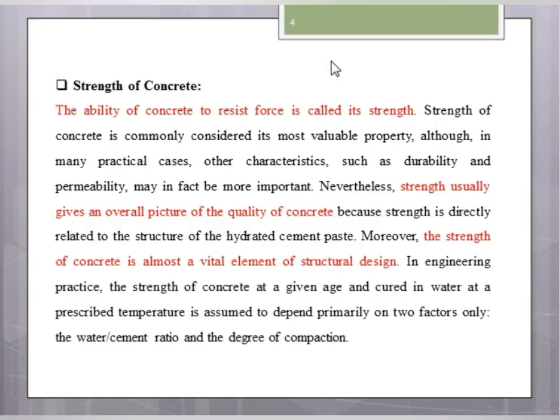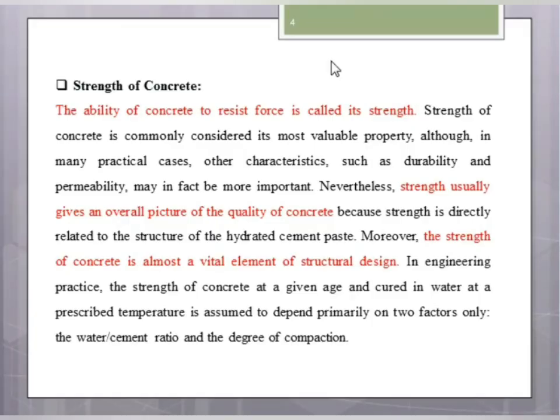These are the non-destructive tests. It means whether the material is destructed or not destructed from the parent element. That is the difference between destructive and non-destructive. So we can calculate strength by both.